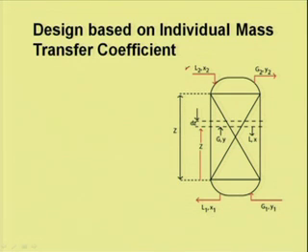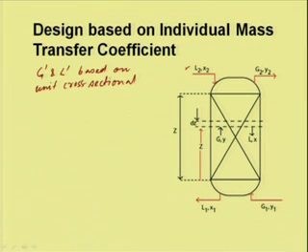So, this is counter-current operation in the packed column and G dash and L dash are based on unit cross-sectional area of the tower.